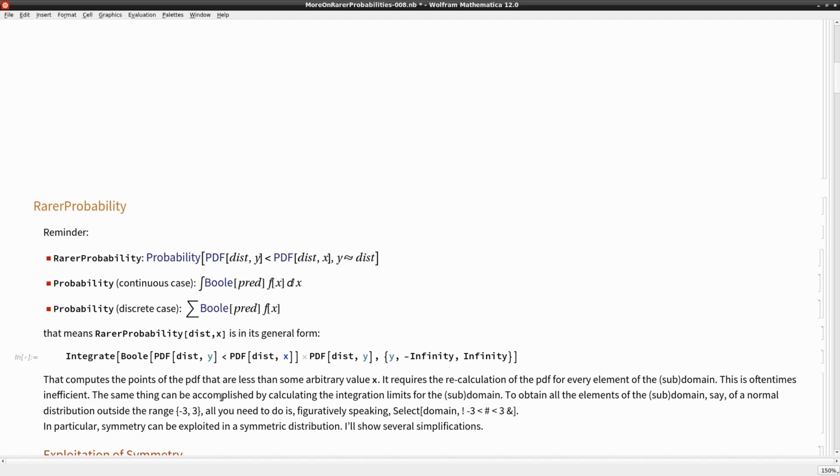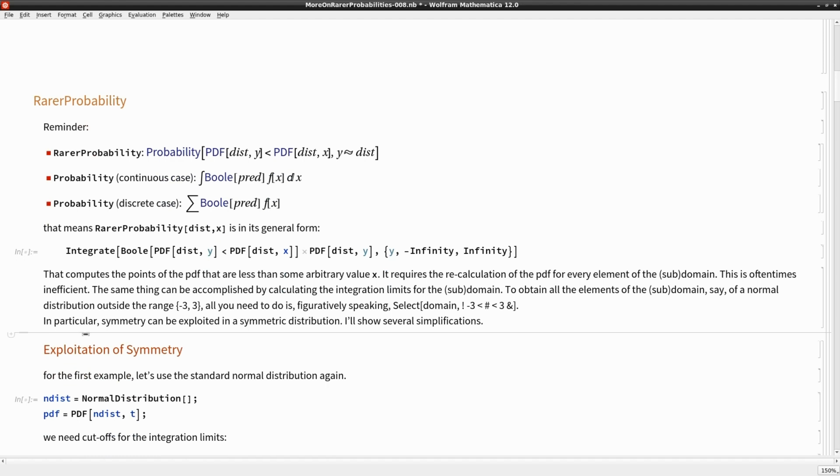The same thing can be accomplished by calculating the integration limits for the subdomain to obtain all the elements of the subdomain, for example, of a normal distribution outside the range of, for example, -3 to 3, all you need to do is really, figuratively speaking, select from the domain everything that's outside that interval, everything that's not inside -3 to 3.